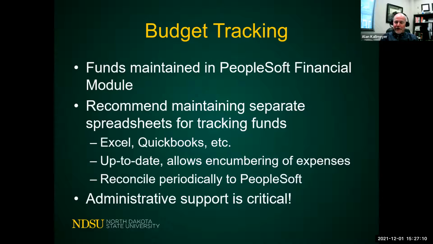And so this is why I really want to emphasize that last bullet point, that for this purpose, the administrative support is just critical. Having good account technicians, I've got 2 of them in my department, who know what they're doing and are tracking things, serving as an extra check on our expenditures, making sure that faculty aren't overextending their research grants, and being able to encumber expenses ahead of time, warn faculty as they're getting low in a certain category, tell faculty, no, you can't spend that money that way.